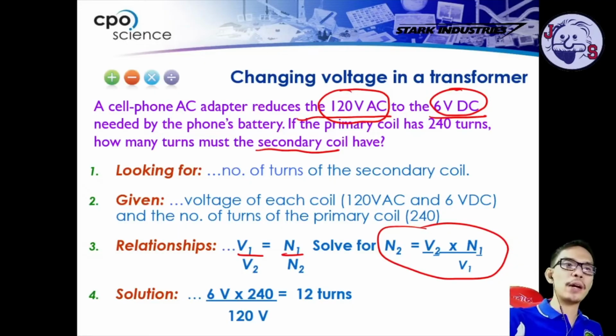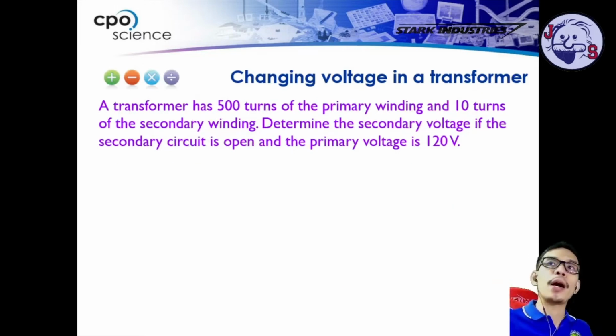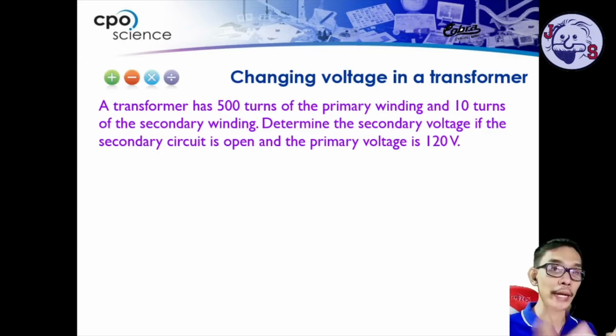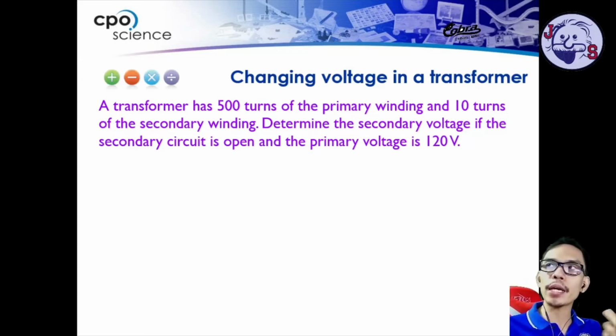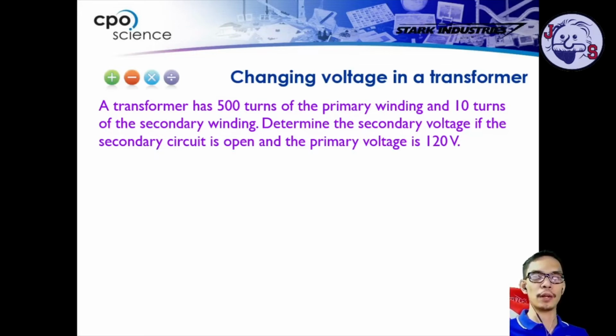Alright, so let's go now to the first sample problem. A transformer has 500 turns of primary winding and 10 turns of secondary winding. Again, you can pause this video if you want to answer the question. Determine the secondary voltage if the secondary circuit is open and the primary voltage is 120 volts. Alright, so let's list down all the given facts about this problem.